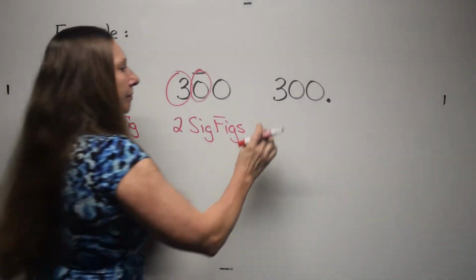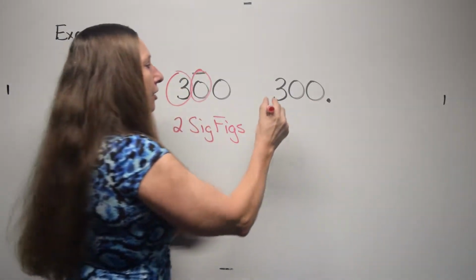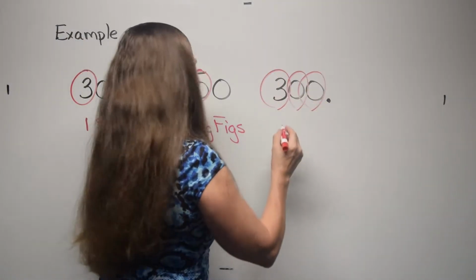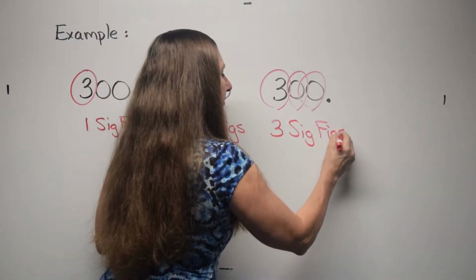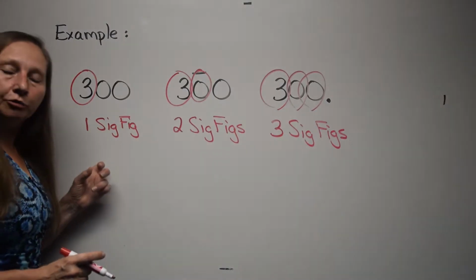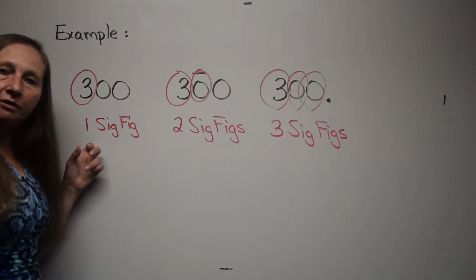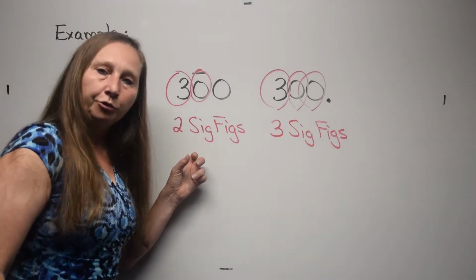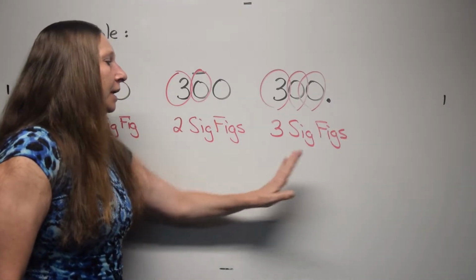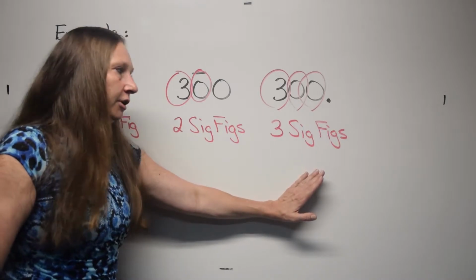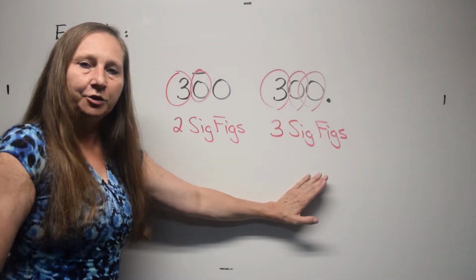And here, because there's a decimal here, we have 1, 2, 3 significant figures. 3 sig figs. Now, this is the number 300 with 1 significant figure. This is the number 300, the same number, with 2 significant figures. And this is the number 300 with 3 significant figures.